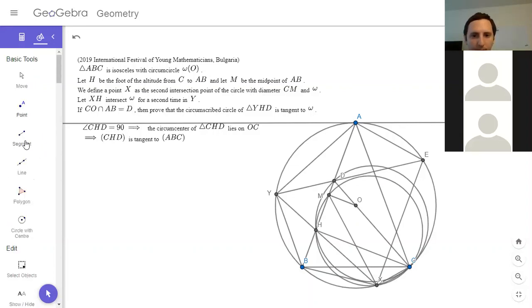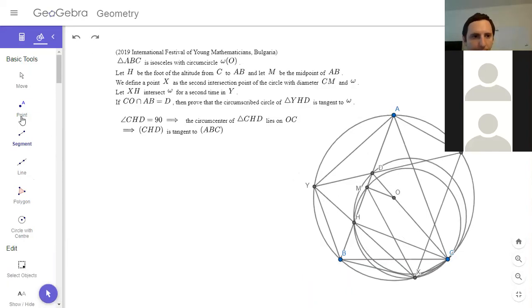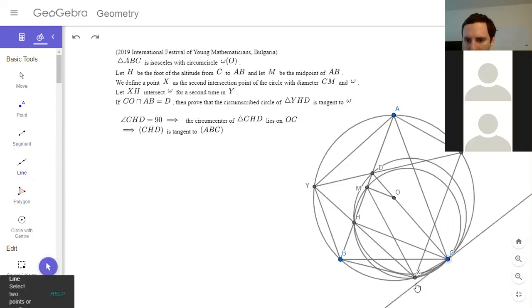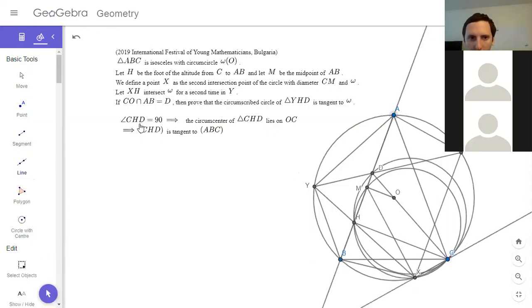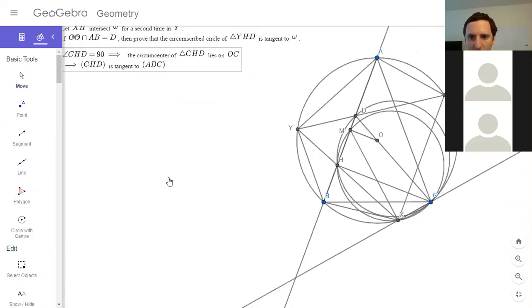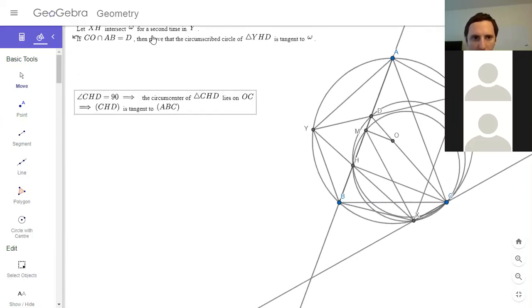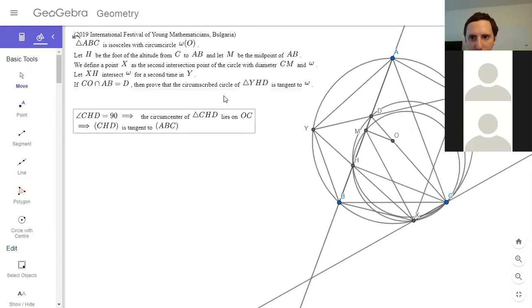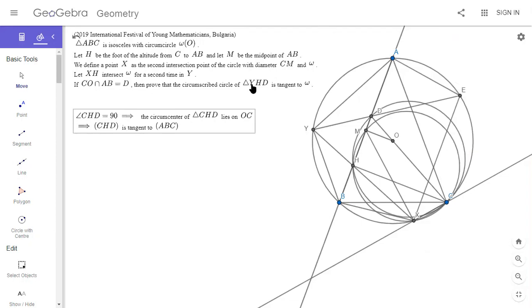So if we let CX meet AB at a point, I feel like there has to be a way to show that those are in harmonic conjugation. I'm just going to minimize that for now.